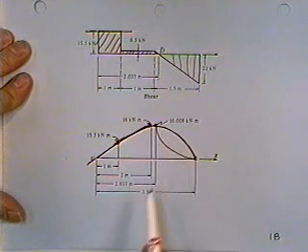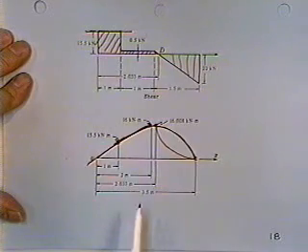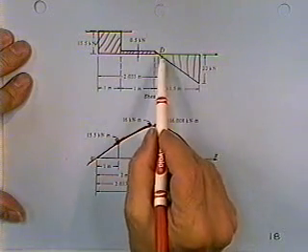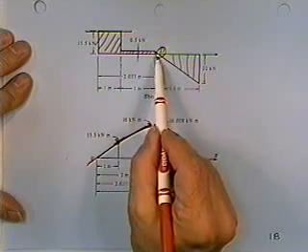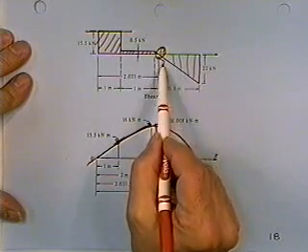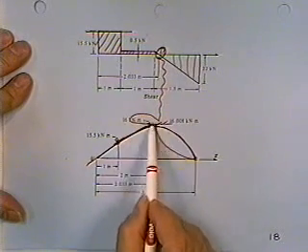Again, there are two parabolas which would fit between the two points. It's pretty easy to tell which is which. Simply go to the point where there is no value, and that'll tell you where there should be no slope.